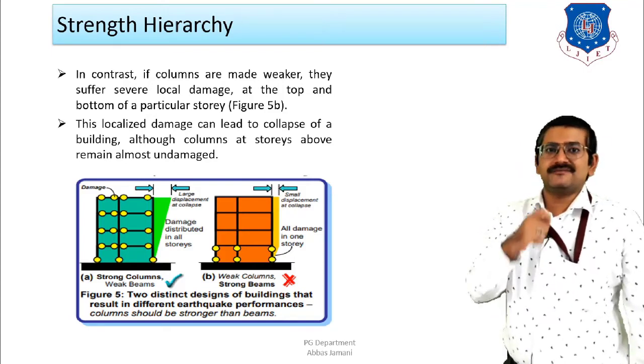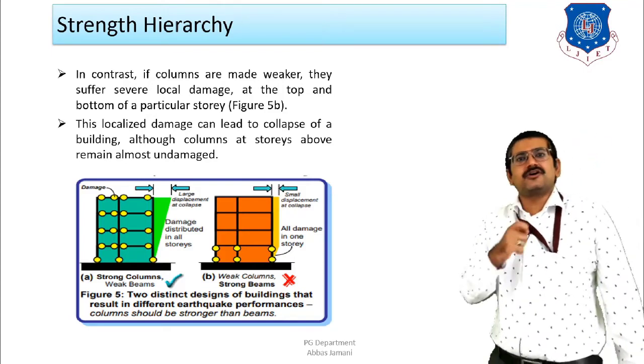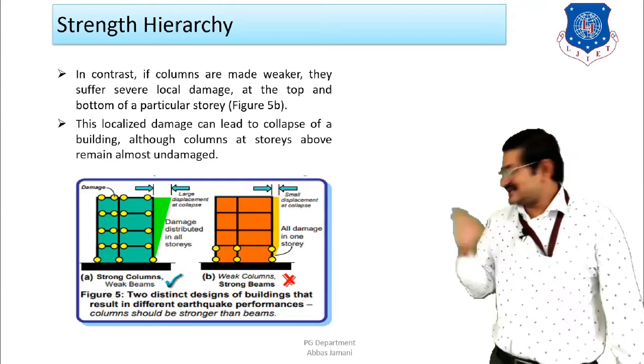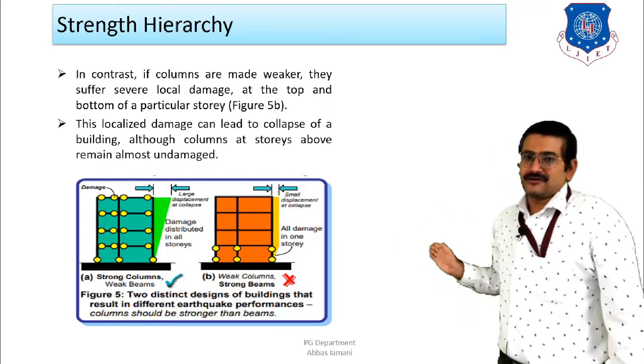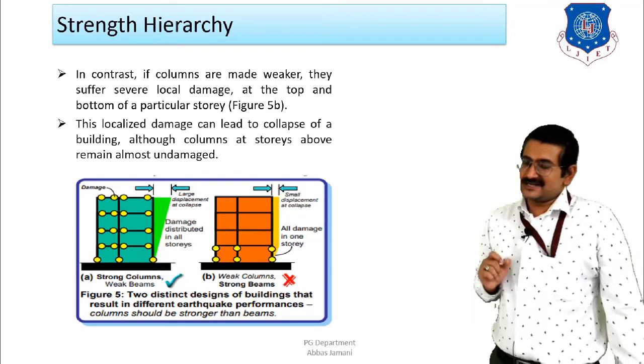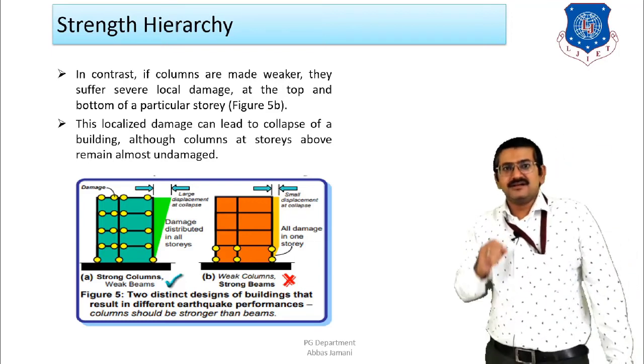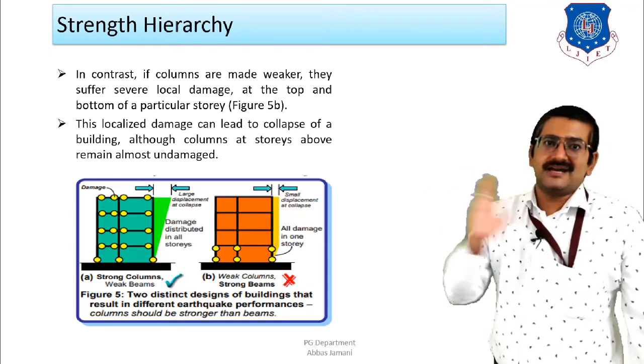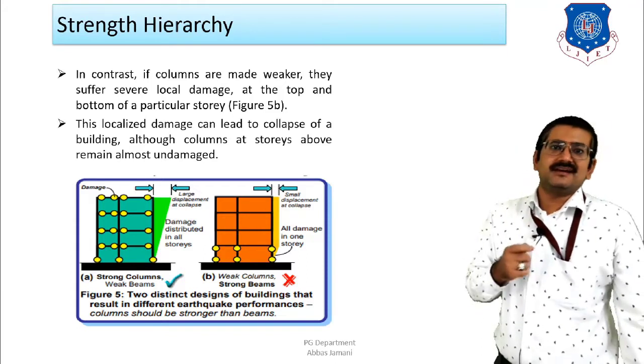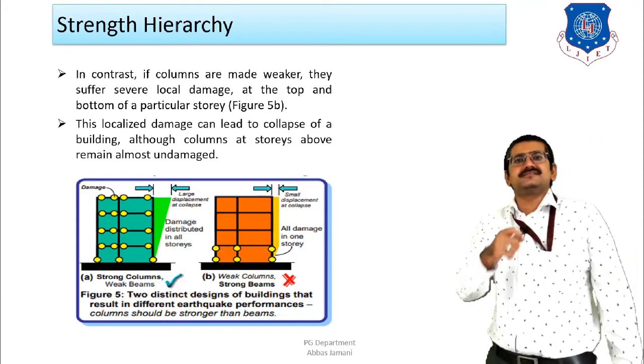So you can say that the strong column weak beam theory is accepted and the weak column strong beam theory is rejected. Why? Because the design philosophy clearly says that under no circumstances should the building collapse.